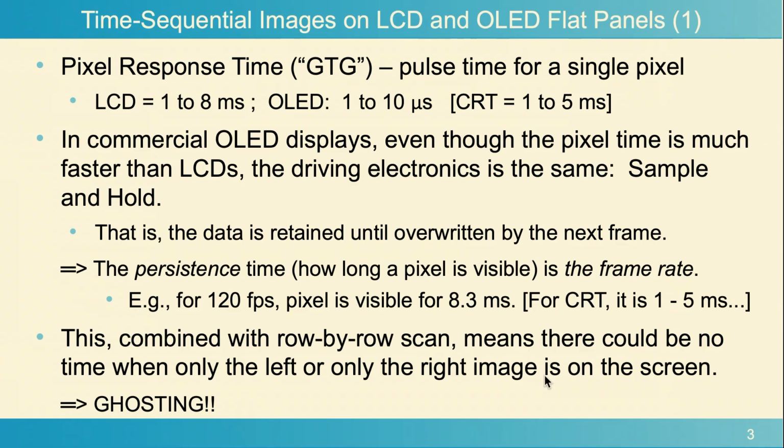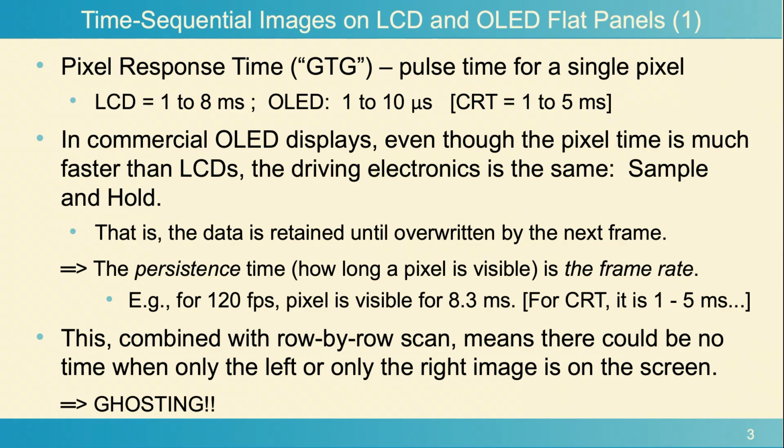Unfortunately, with the OLEDs, even though they have a very fast pixel response time, they did not build the electronics to take advantage of that. They still use the same sample and hold techniques, same electronics.